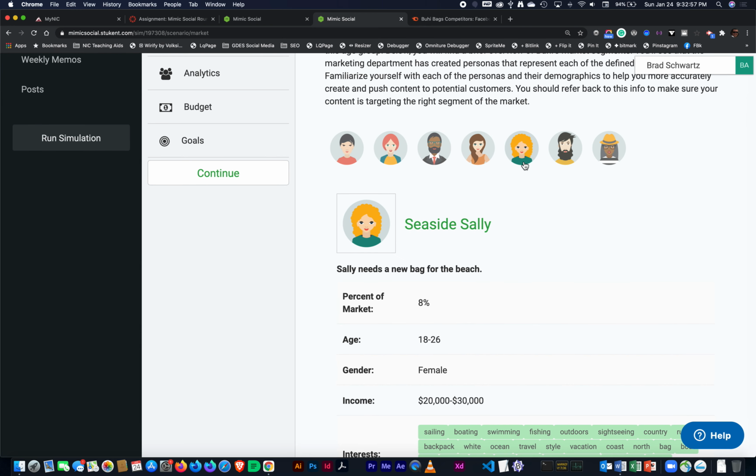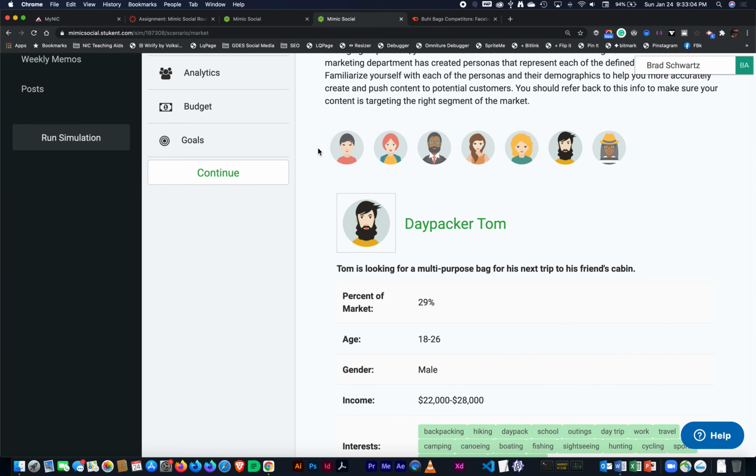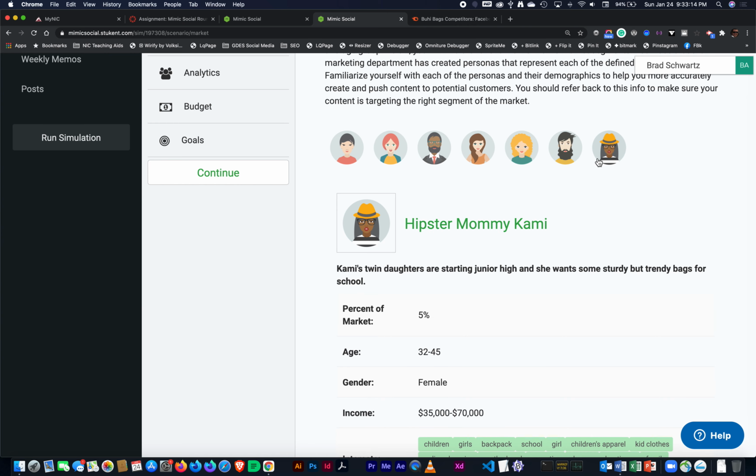Seaside Sally is in a lower demographic but higher income range. Daypacker Tom is at 29%, so Back to School Mindy and Daypacker Tom are probably the better groups to look at since there's more people there. And then Hipster Mom Cami here.